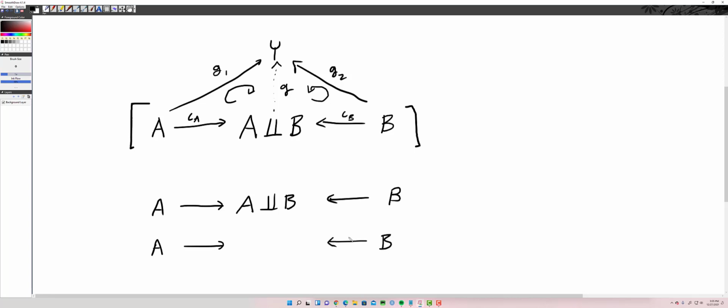But I'm going to do this again, and this doesn't exactly show you what's going on because I'm in no way pointing to the fact that these commute here. But I am showing you that the structure of this is pretty similar to the structure of this. And that's how this triangular graph is sort of built, right? You have what we already saw, where you have an inclusion from A into the coproduct, an inclusion of B into the coproduct, and then you have this object Y that we're comparing it to, and we're trying to make the same case.